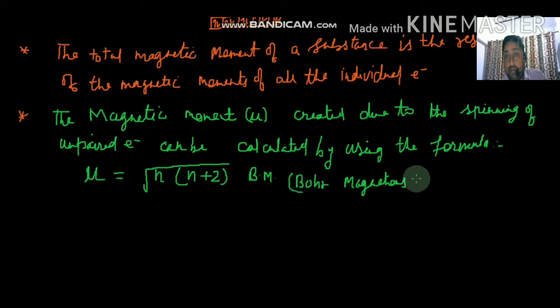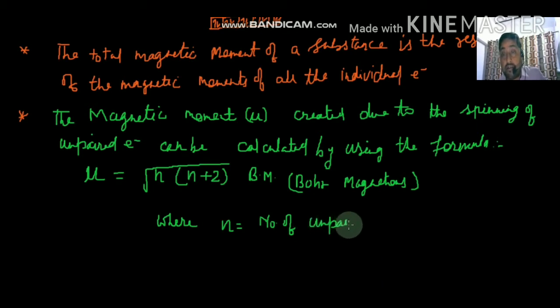Bohr magnetons, it is the unit, where n is equal to the total number of unpaired electrons in the metal ion.